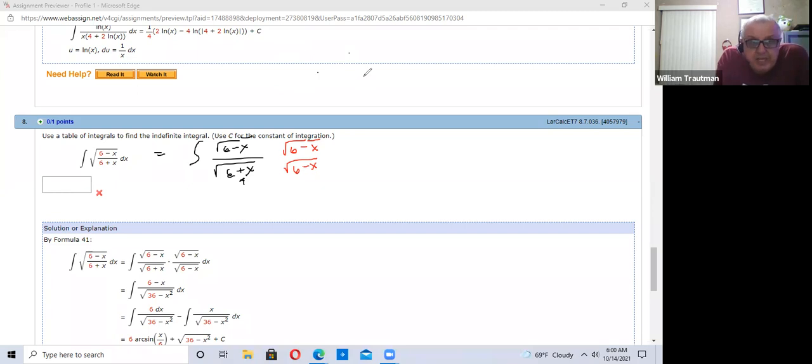So we have to multiply by its conjugate to get those two square roots together and multiply to get a square like that. You have to multiply by the same thing on the bottom with the opposite sign. And what happens to the top is nice because you can squeeze those two together on top. And it's just 6 minus x times 6 minus x.